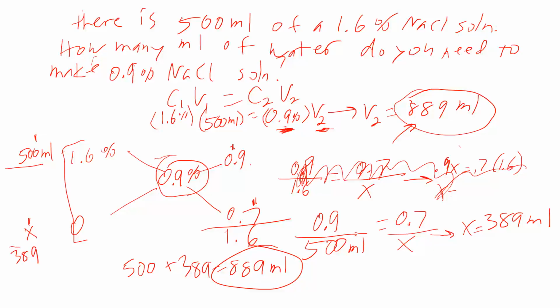So the total will be 889 mils of 0.9%, which is 500 mils of 1.6% and 389 mils of water.